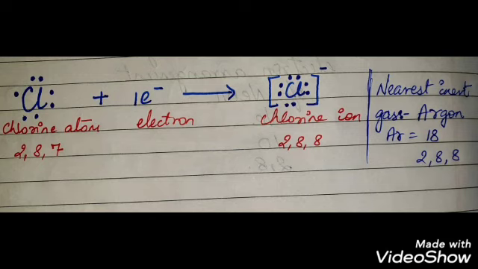Chlorine atom has 7 electrons in the outermost shell and needs one more electron to achieve the stable 8 electron inert gas configuration. So, a chlorine atom takes 1 electron from the sodium atom and forms a negatively charged chloride ion, Cl-.